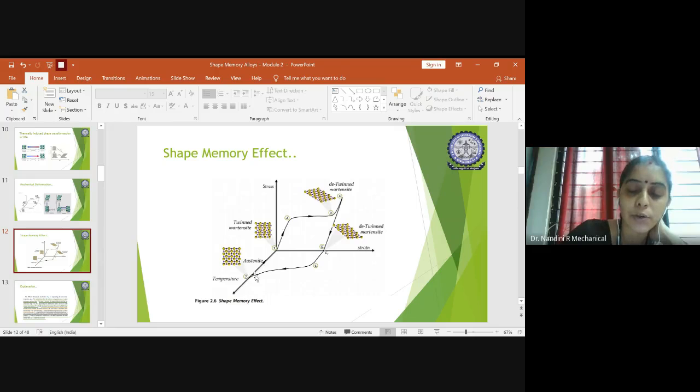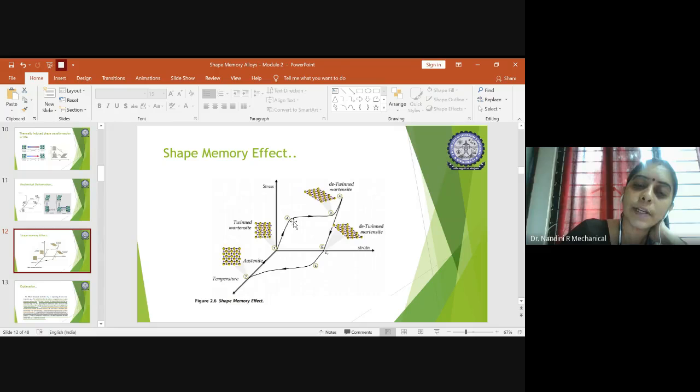How does it look? From 7 to 1 you are increasing the temperature. When you increase the temperature slightly, it could be due to temperature increase or mechanical loading. That will result in the first twin of the martensite. So this process goes on. When you subject it to mechanical loading initially, it is the first twinning that you get.